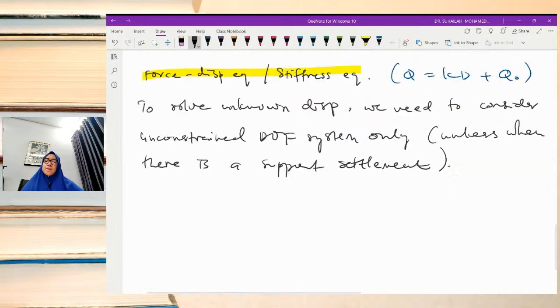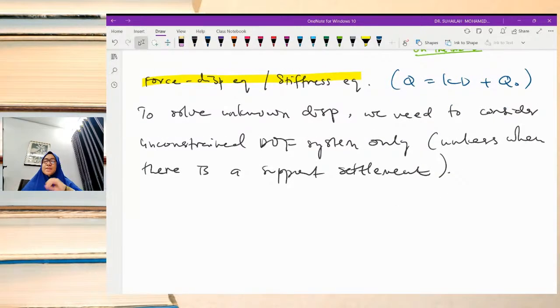Okay, that means if the question does not mention writing the stiffness equation in full, or writing the force displacement equation in full, read the question carefully. If the question says, for example, question C, write the stiffness equation, full stop, it means you have to write the stiffness equation in full, a 6 by 6 matrix.